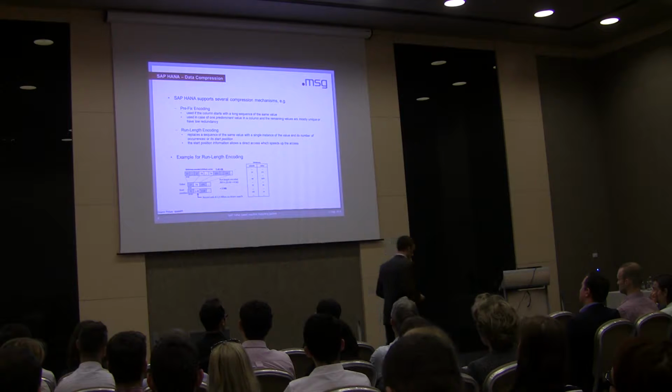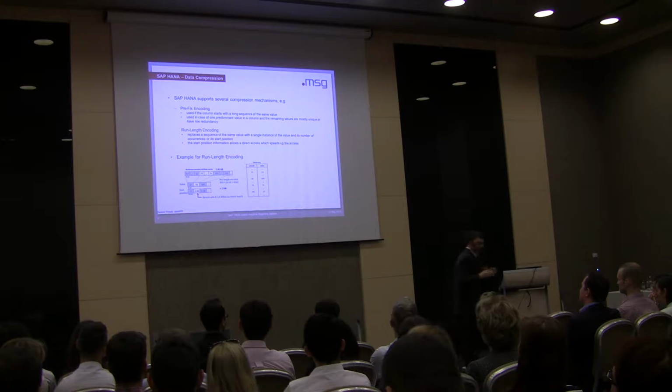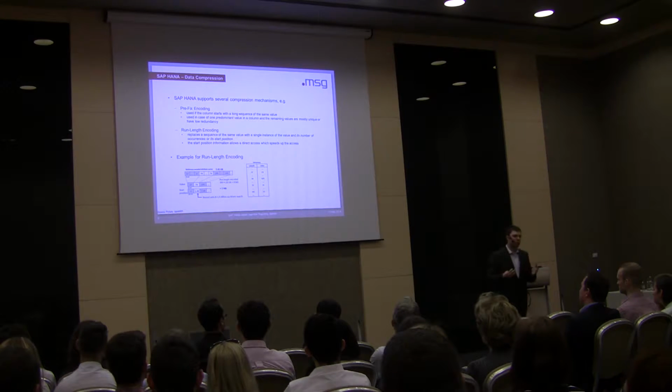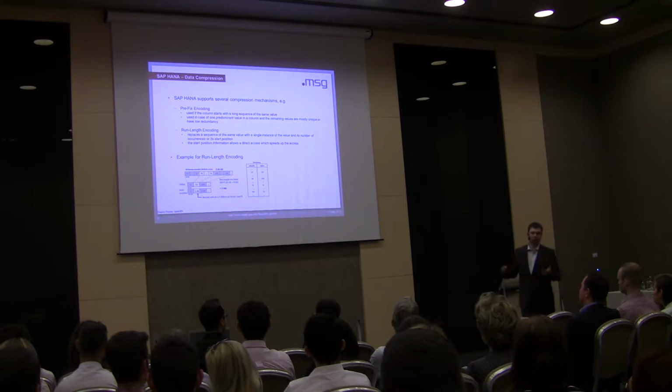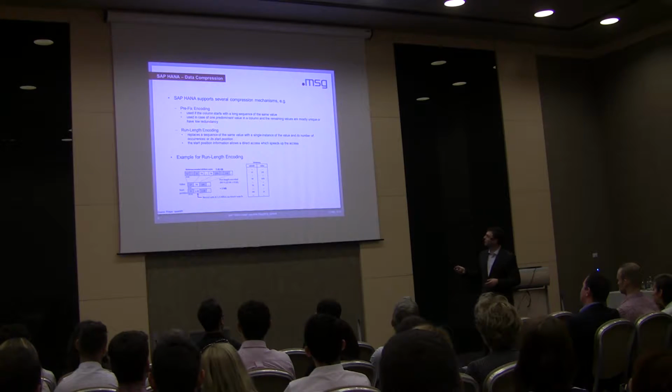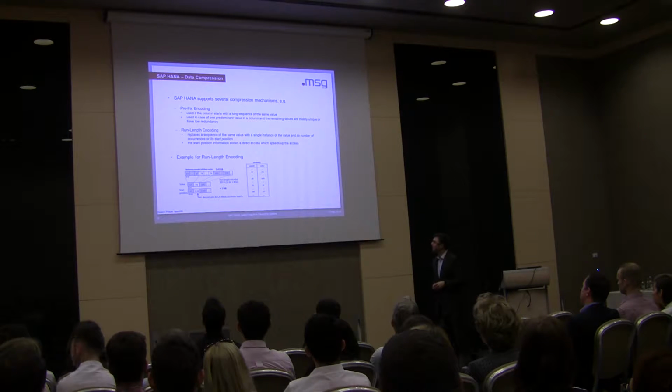Prefix encoding really means if we have a column, maybe we take that example here, the country column of a world population table where all people are stored. 7 billion entries maybe, and if you want to store the country for each of the people, then you have 7 billion country entries.